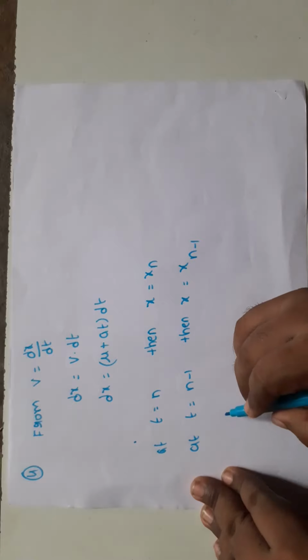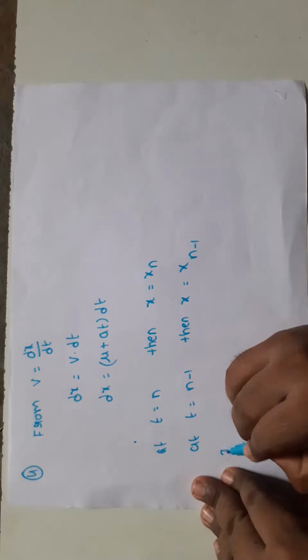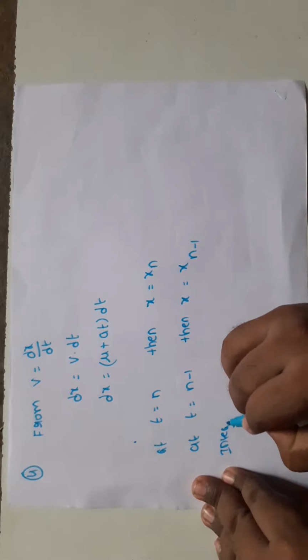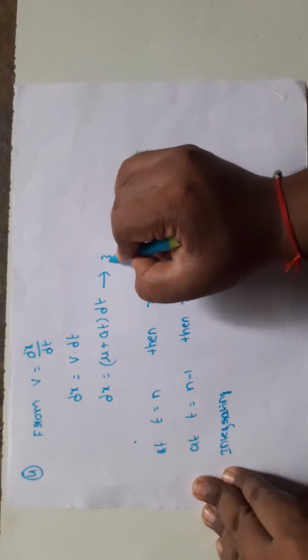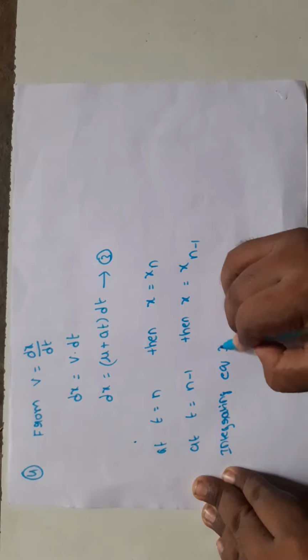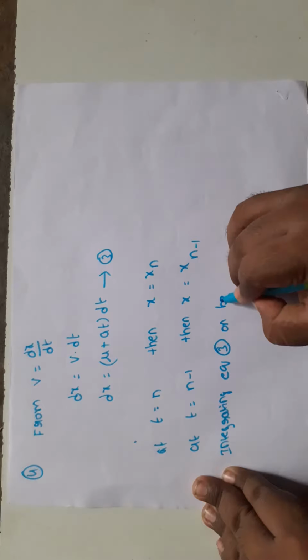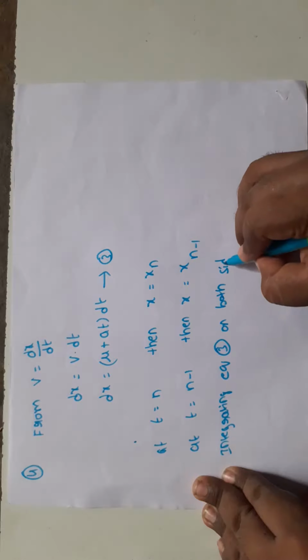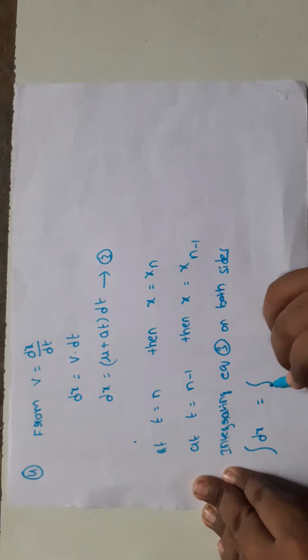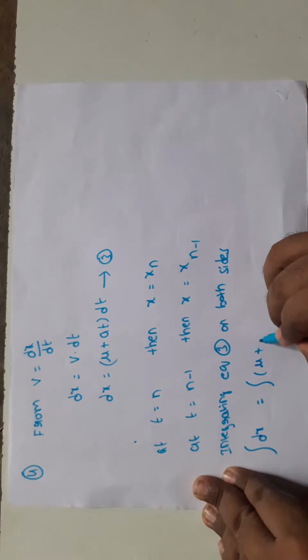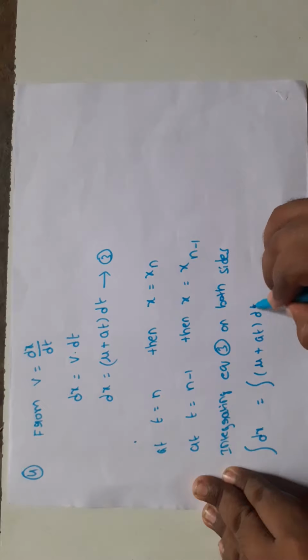So integrating equation 3 on both sides: integral dx equal to integral of (u plus at) into dt.